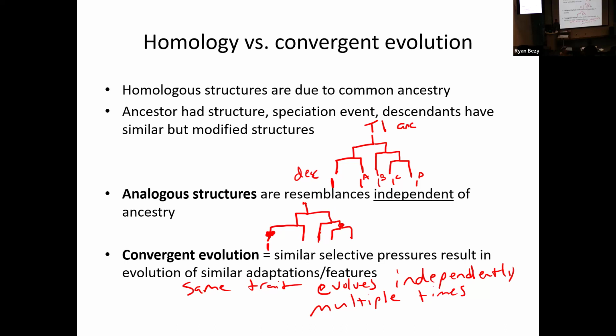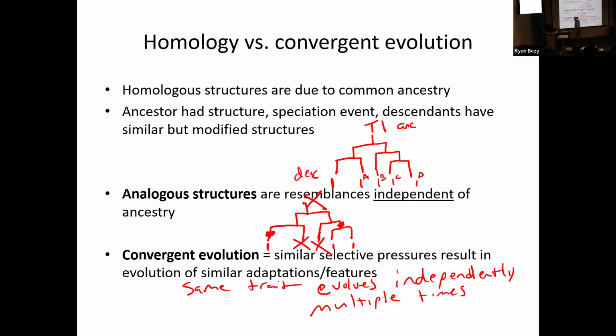Maybe you have an evolutionary event here where a similar selective pressure produces a version of that trait as well. So you have that version of trait 1 here and here on those branches, but you're missing it here and here. And that is because that trait did not exist in the ancestor either.